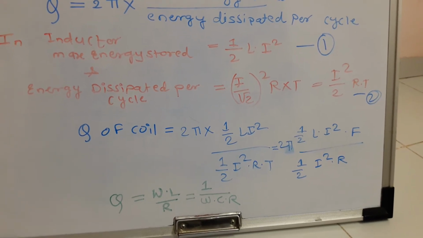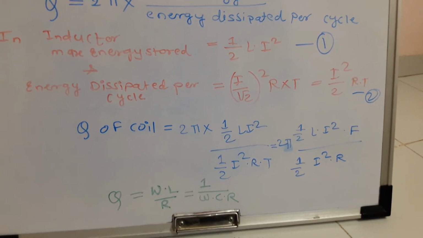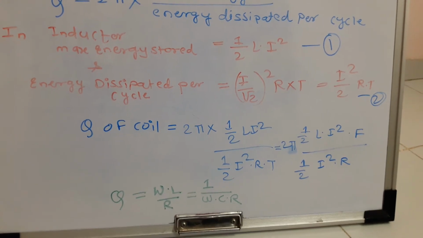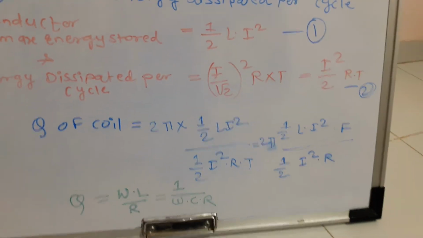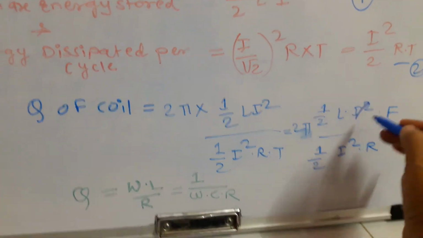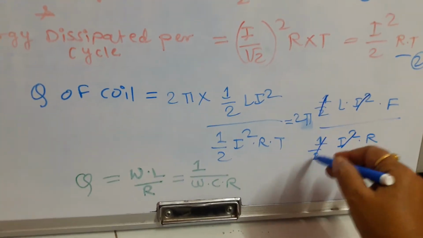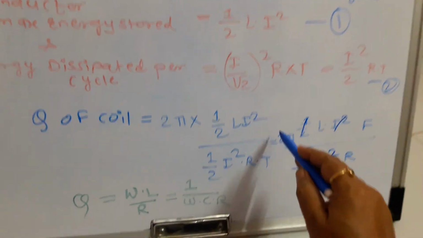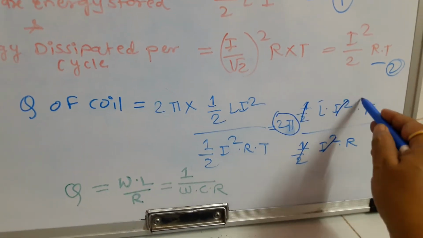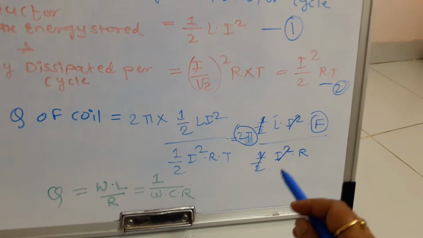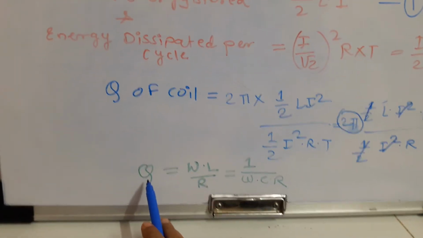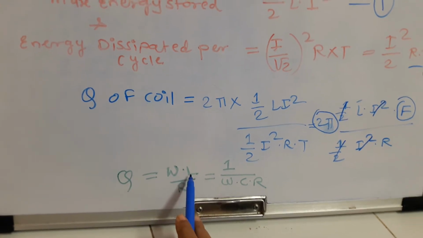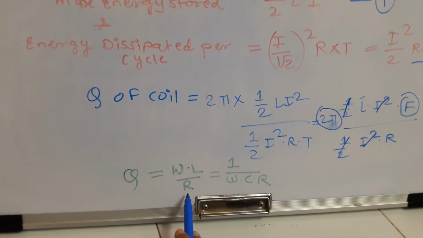So it will be 2 pi into 1 by 2 Li square F divided by 1 by 2 I square R. Now similar terms will get cancelled, that is I square and I square, and 1 by 2 and 1 by 2 cancelled. So we get 2 pi into F, that is 2 pi F will be omega. So Q will be equal to omega dot L divided by R.